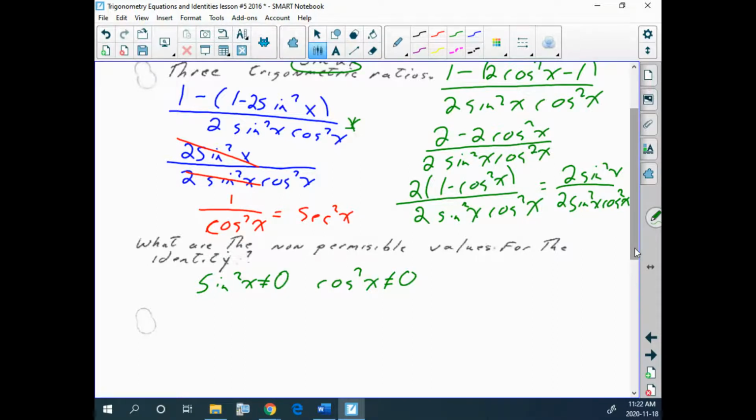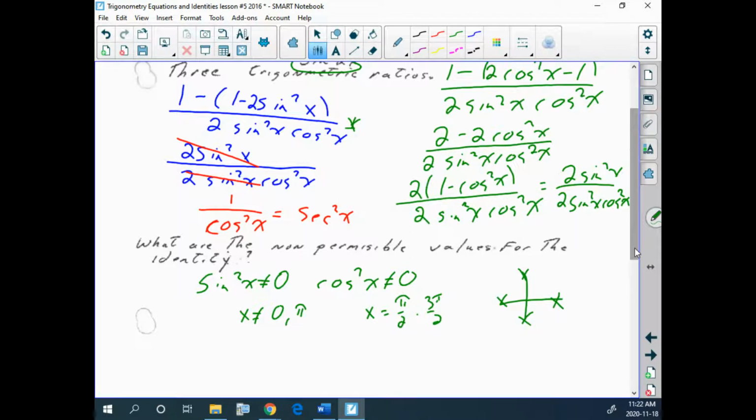Okay? So here, and in most cases, I'm going to ask you to solve for that in that way. Basically take your identity and turn it into something else. So, sine x can't equal to 0, so x cannot equal to 0 and pi. Cosine x cannot equal to 0, x cannot equal to pi over 2, and 3 pi over 2. So here, here, here, and here.